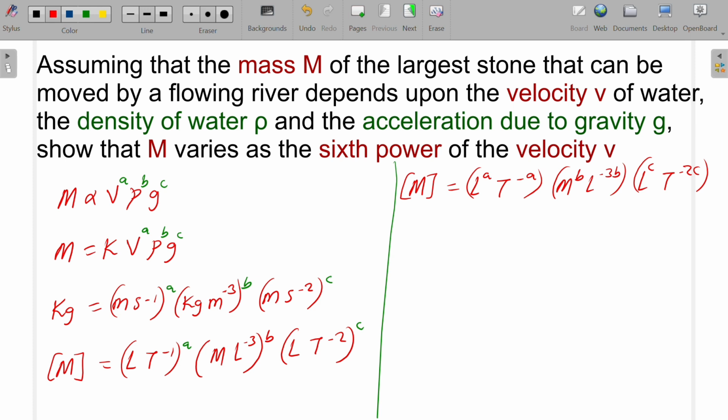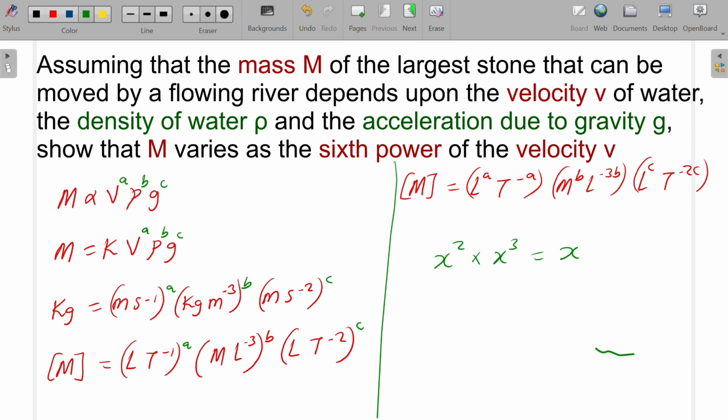All right. Now to simplify it, everything that is the same, for example, we have L here, we have L here, we have L here. Like terms together are going to multiply and the powers are going to be added. For example, if we have x to the power of 2 multiplied by x to the power of 3, our answer here will just be x.